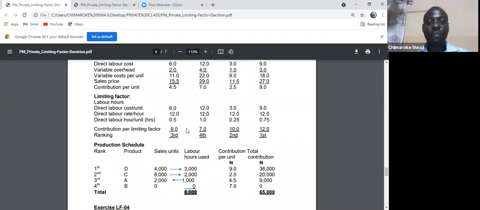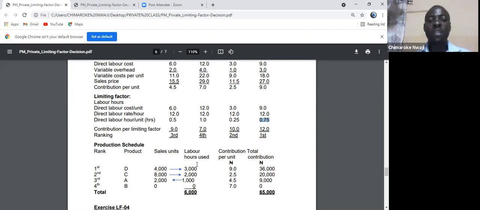Now, look at the scarce resource here for D. If it has 0.75 hours per unit, multiplied by 4,000, it gives you 3,000.